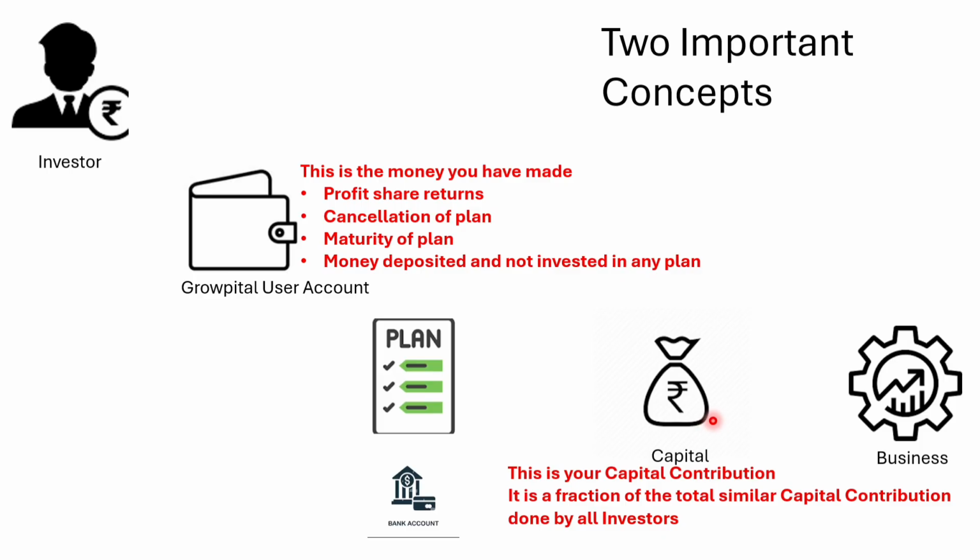So naturally, whatever you invest, which becomes your capital contribution, is a fraction of the total similar capital contributions done by all the investors. So for a given plan, your capital contribution is a fraction.